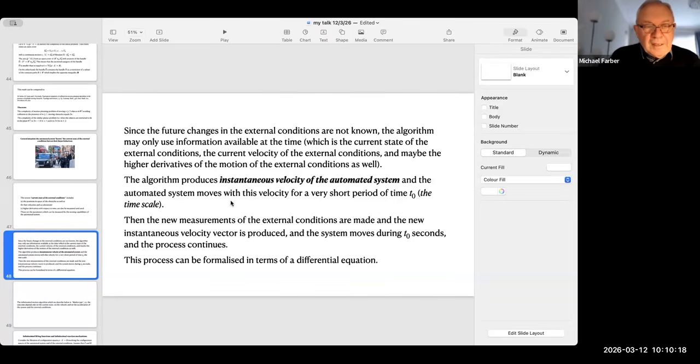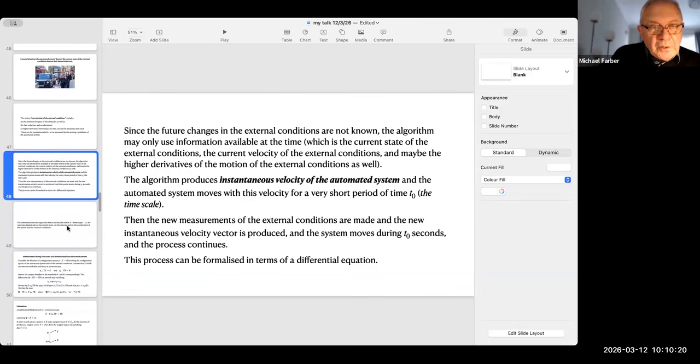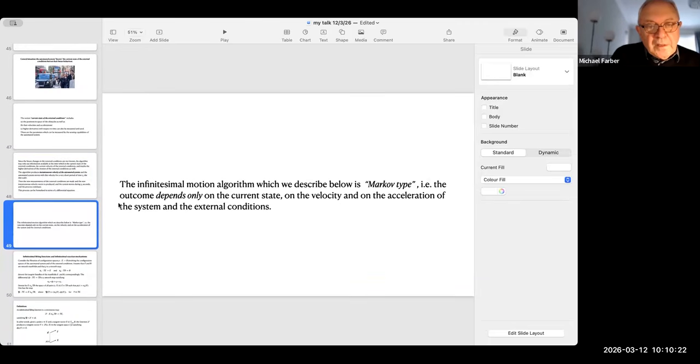So this is what we call an infinitesimal motion algorithm. In the first part, case 1, what we mentioned, a motion algorithm is a map from pairs to motions. But we see that a motion algorithm, in this situation, should be infinitesimal.